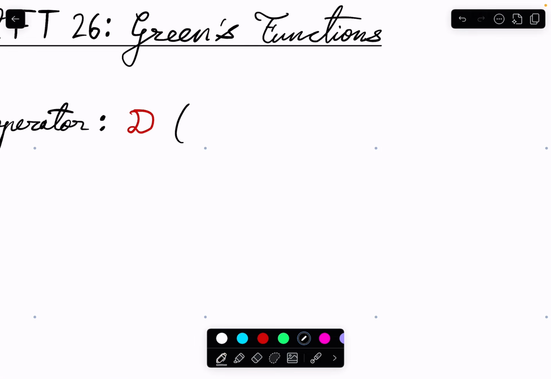An example is d equal to, say, the Laplacian, or d equal to the Laplacian plus mass squared. So they're just differential operators of the second order.